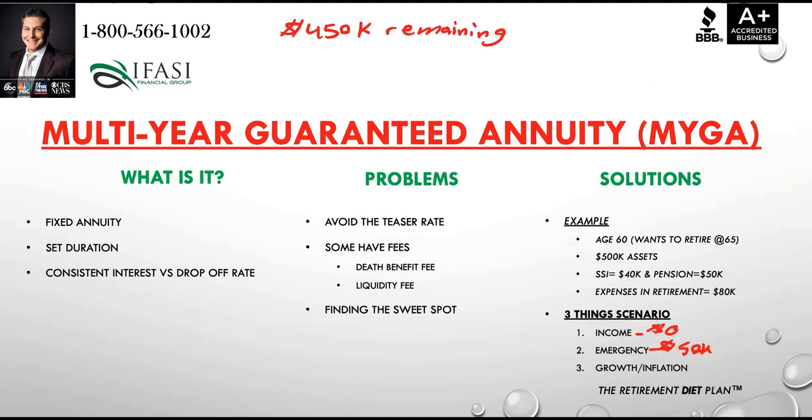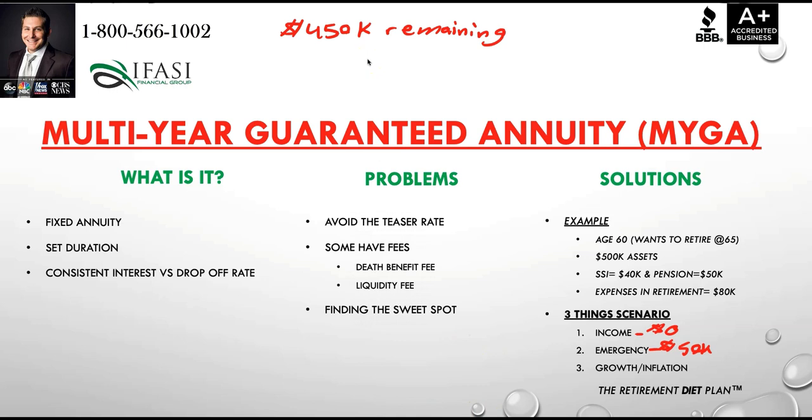The most effective way to tackle step 3, that growth/inflationary need, is to understand your tolerance for risk, or your risk capacity. If you're somebody that is risk tolerant, where you want to go more gung-ho in the market, you want to leverage different investments, stocks, bonds, mutual funds, ETFs, whatever that case might be, then you might want to tilt a large portion of this $450,000 towards those investments.